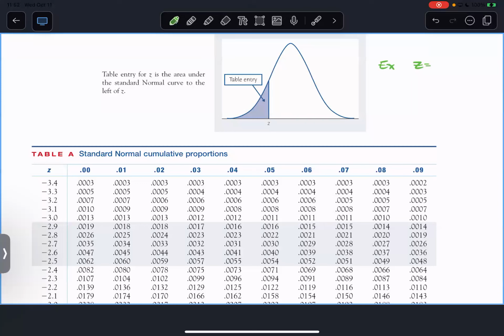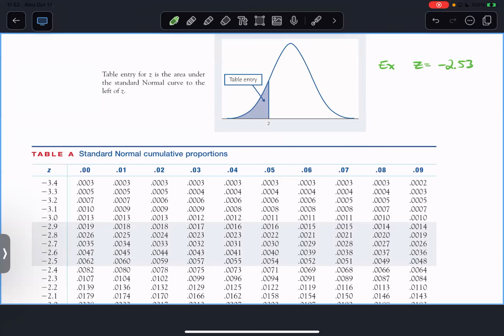Z is, let's say -1, or let's do something bigger so I don't have to scroll so much. 2.53. That's a Z. That could happen. So you found that your observation is 2.53 standard deviations below the mean.